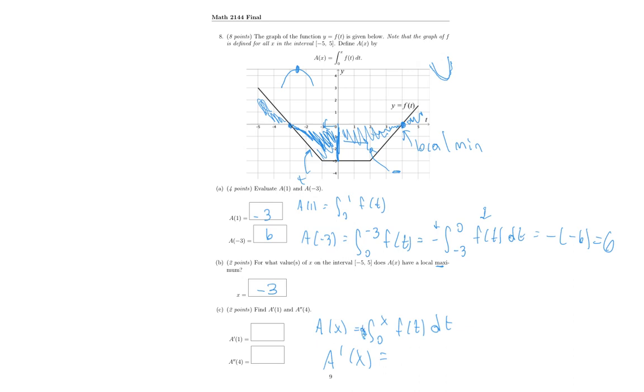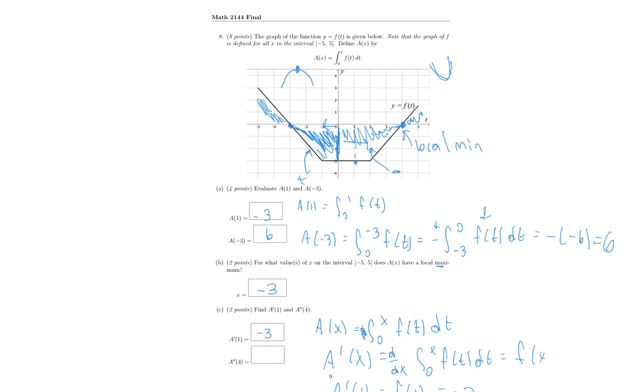From the fundamental theorem of calculus, that's just going to be f of x. So A prime of 1 is just going to be f of 1. What is f of 1? It's minus 3.